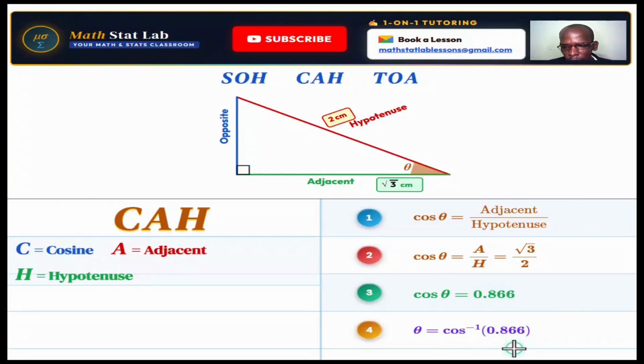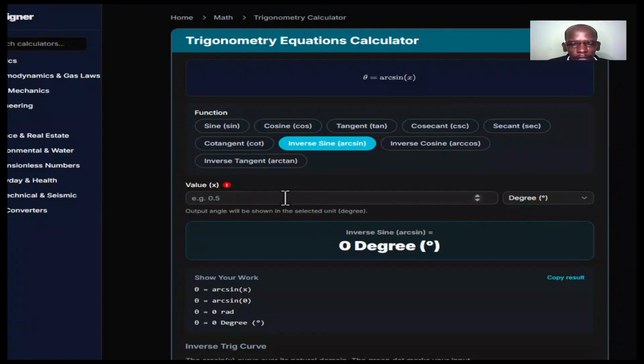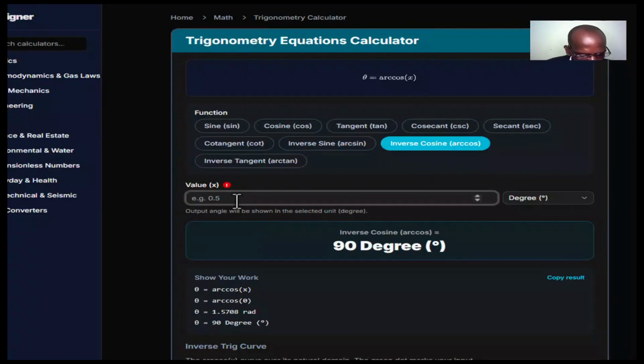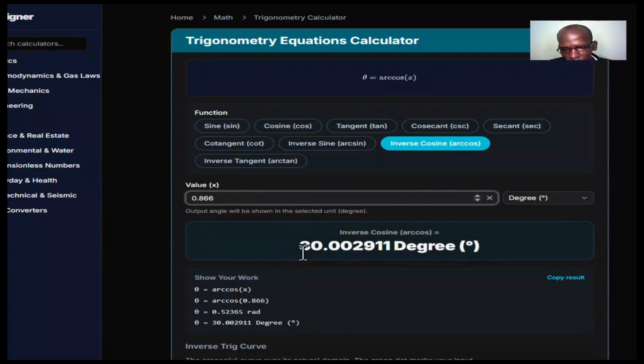It was 0.866, so we go to the trigonometry calculator and find the cos inverse of 0.866. We select the inverse of cosine, our cosine was 0.866, and therefore the angle becomes 30.0029 and so on, and when we round off, of course, it becomes 30 degrees.